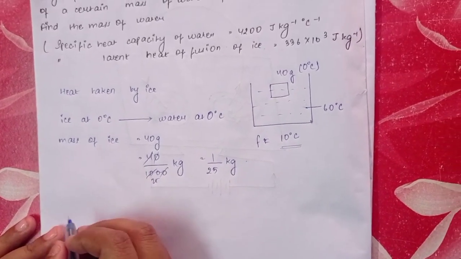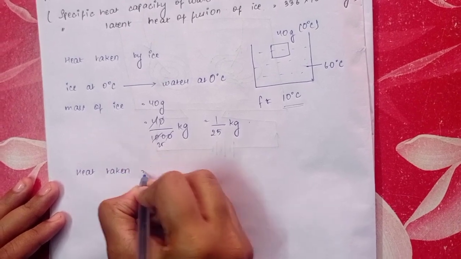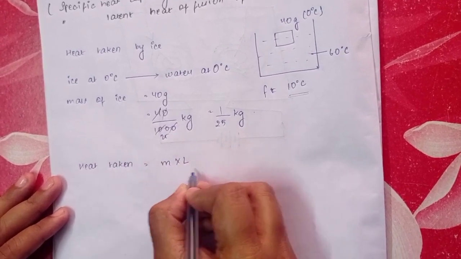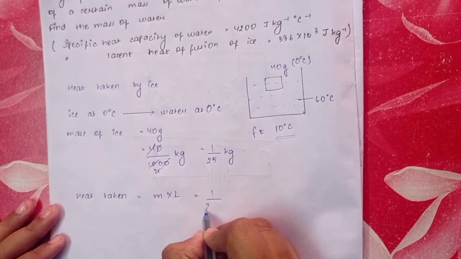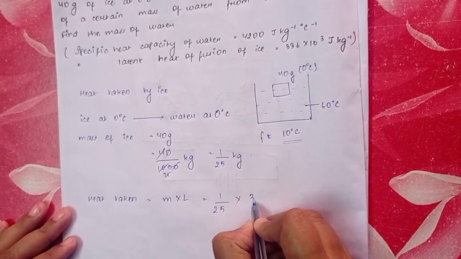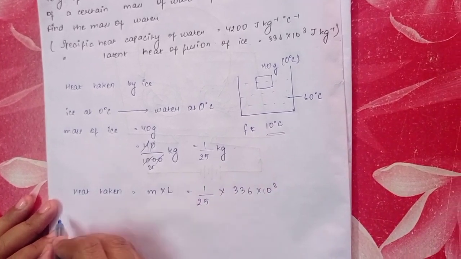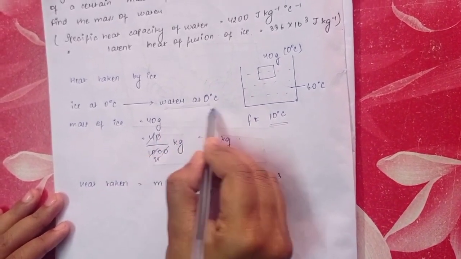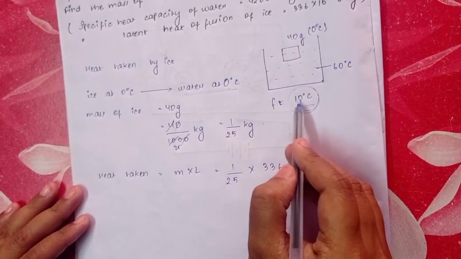So what will be the heat taken by ice? Let's see. Heat taken is equal to m into L, mass into the specific latent heat of fusion since no change in temperature occurs. So 1 by 25 into 336 into 10 to the power 3. Now what will happen? This water at 0 degrees Celsius will convert to water at the final temperature, isn't it?